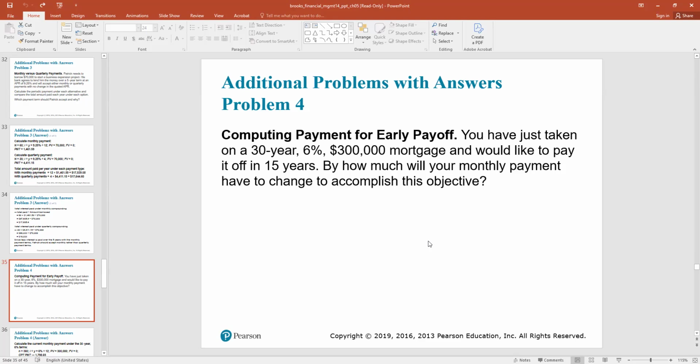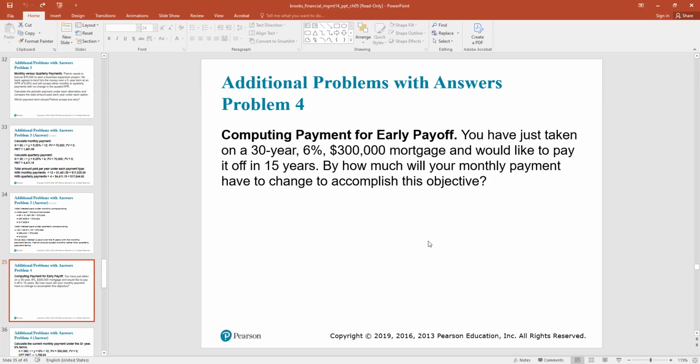So you have to calculate first payment, and then you have to calculate the number of periods. No, it's here. The number of periods is given to you, 15 years. You have just taken a 30-year fixed mortgage, and would like to pay off in 15 years.